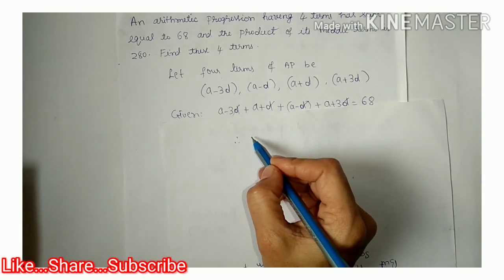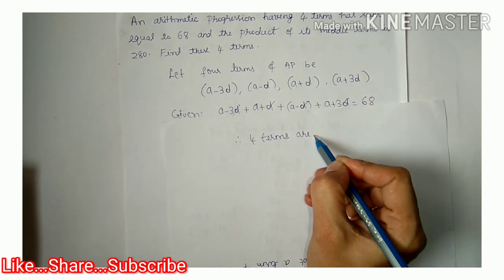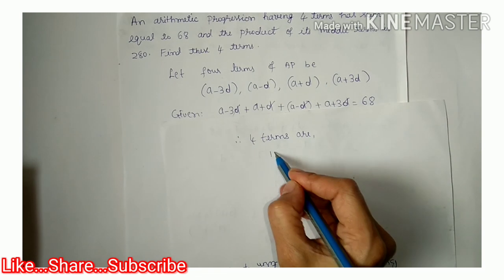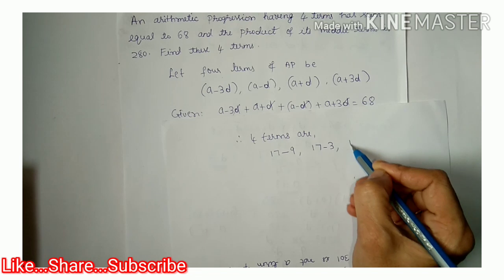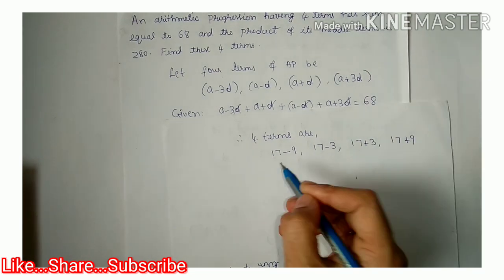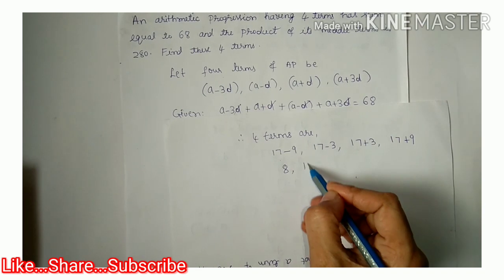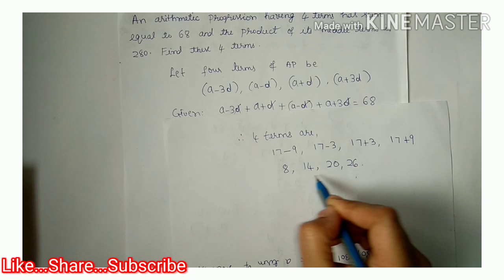Therefore, the 4 terms are 17 minus 9, 17 minus 3, 17 plus 3, 17 plus 9: 8, 14, 20, 26.